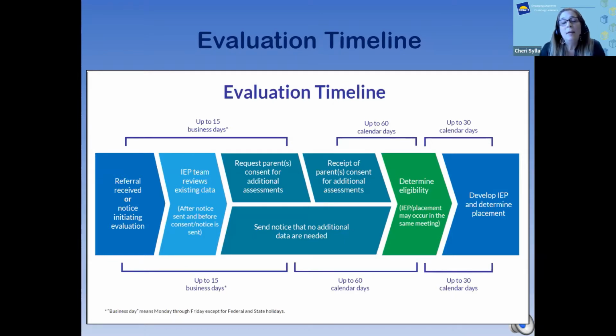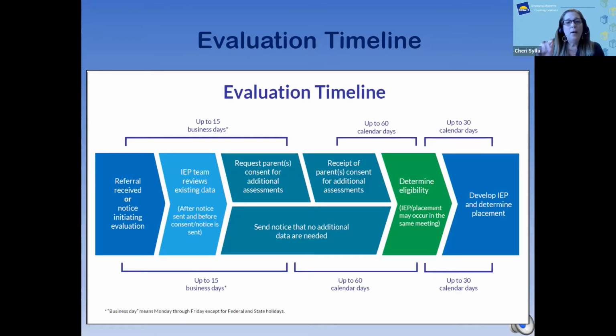That consent typically will come out before the 15 business days. Most school districts do a pretty decent job of moving right through that. And then the parent at that time can sit on that consent. I always recommend that parents review the consent form, and if they're okay with everything that's being evaluated and assessed, sign it, send it back.